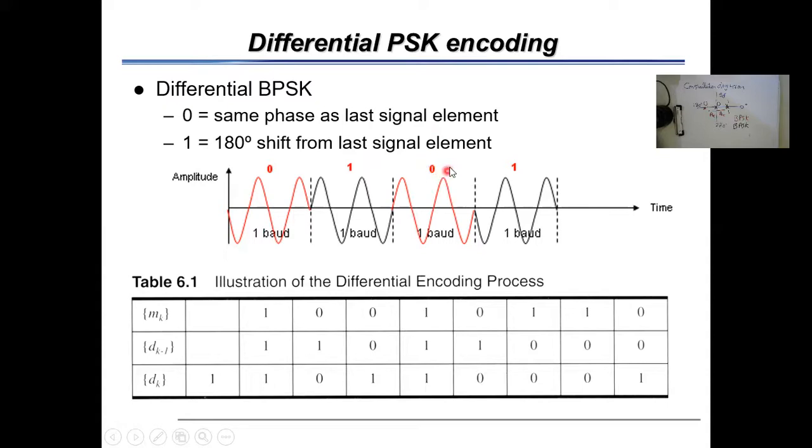As far as 0, the phase will continue normally, so you continue the signal normally, with the same phase as the last signal. The last signal here starts with 0 phase, so it will continue like the last signal. However, whenever you have a 1, you have an antiphase. So antiphase appears with 1, not with these.